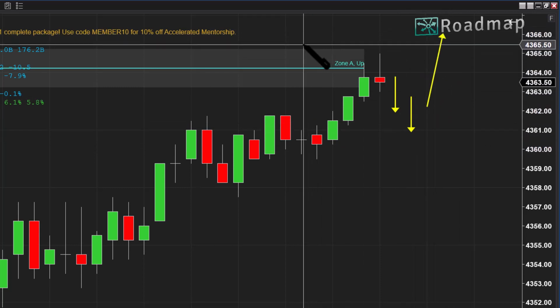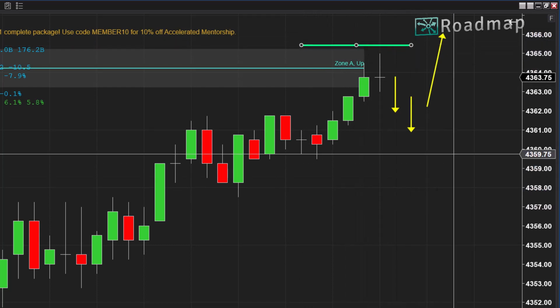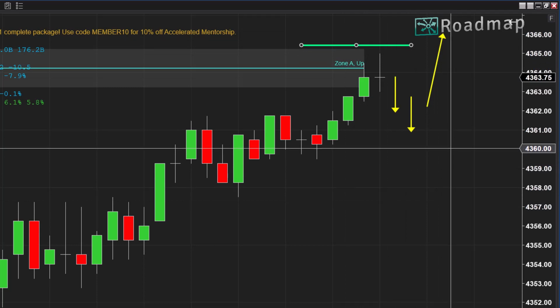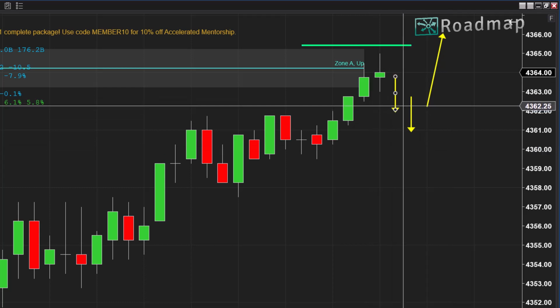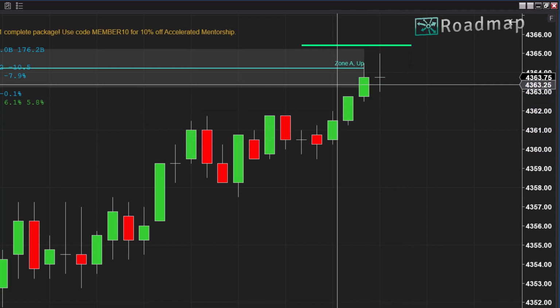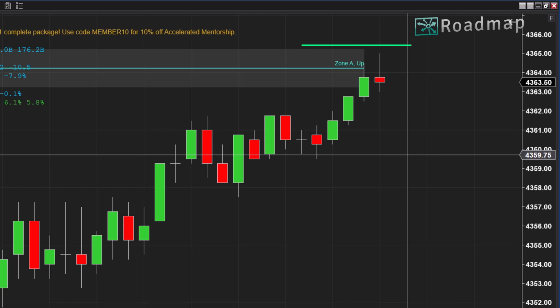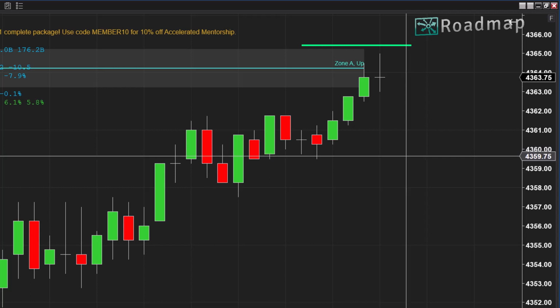The exit is going to be just above the roadmap zone. It'll be just about a tick or two above it, because if the zone is broken, that means that we should not continue to be in this short position. All right. So if there's a signal to go short and it fails, we have that protection to get out of the trade right above the zone. So try to keep the stops and the protection pretty close.